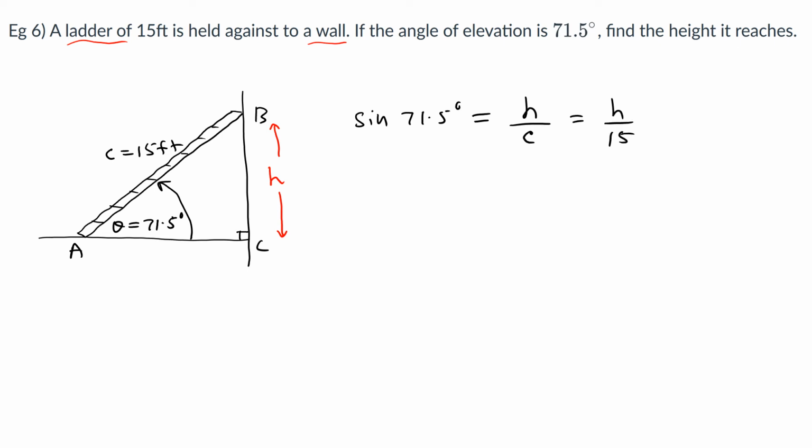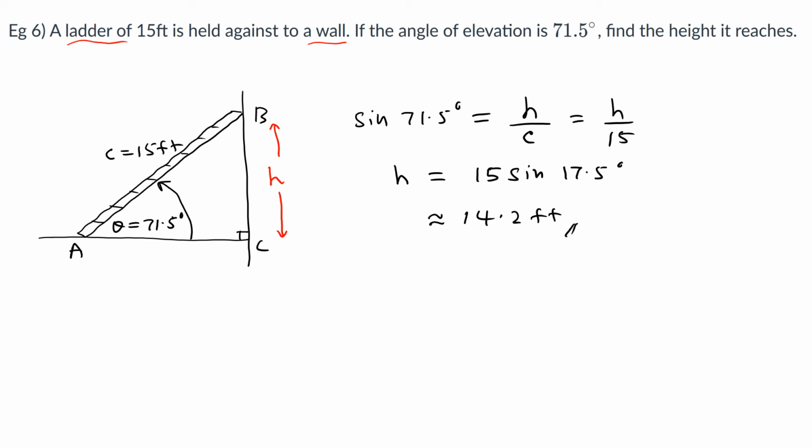Then h is simply, by cross multiplication, 15 times sine 71.5. If you use a calculator and approximate it to one decimal place, you get roughly 14.2 feet above the ground. So that's how high it can go with this angle.